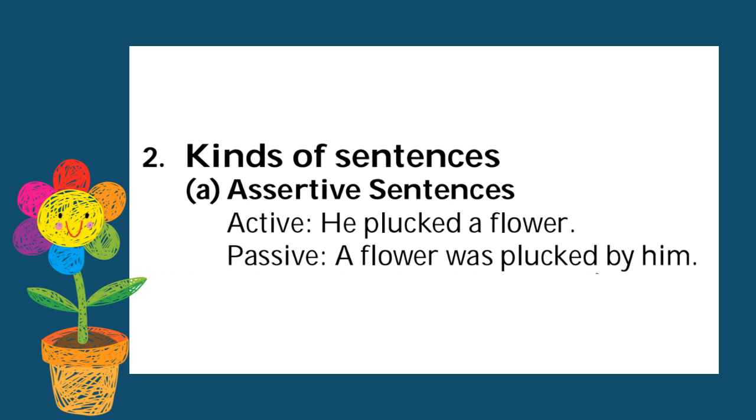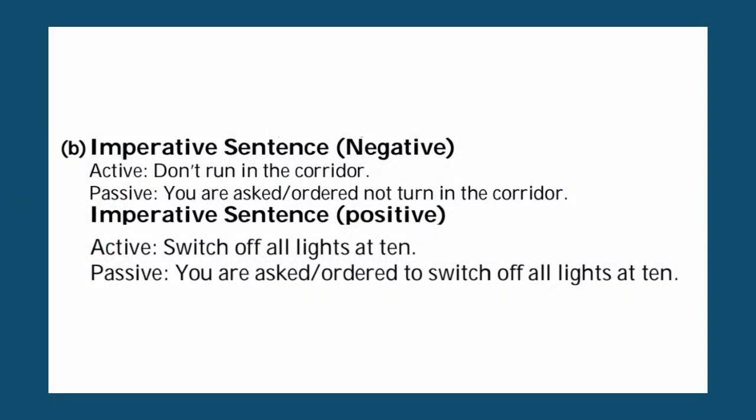That's what we studied up to this, and now we can look at the next type of sentence, the imperative sentence. How to change a negative and positive imperative sentence into its passive form. In active form, one example is given. Don't run in the corridor. That's an imperative sentence.